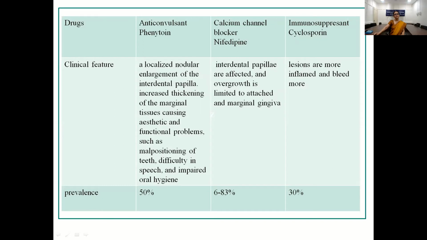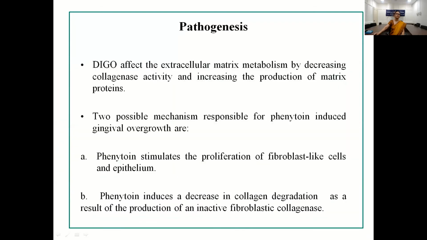Now, if you see the prevalence, it is more with phenytoin, at 50%, whereas with nifedipine the range is wider, that is 6 to 83%, and it is 30% with cyclosporine. Now, why do these different drugs cause gingival enlargement?